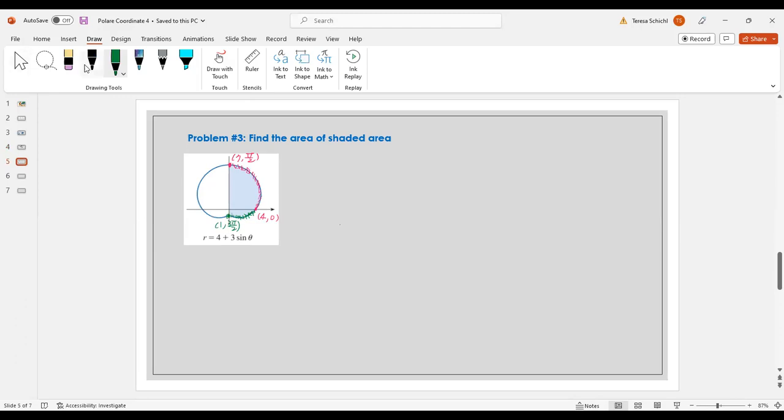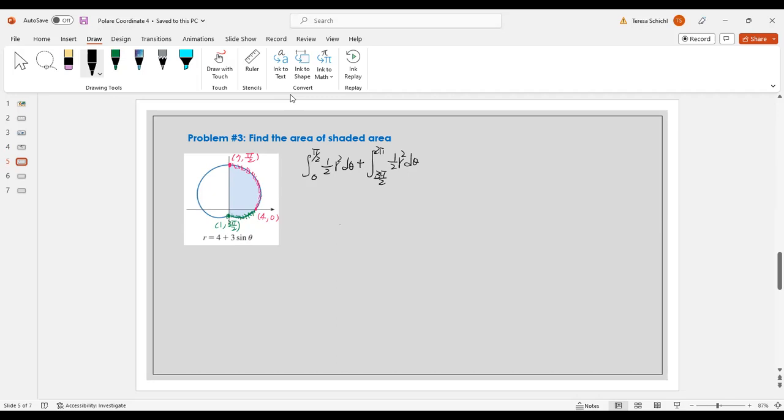One way you can do it, you can say, hey, I'm adding the pink area, from 0 to pi over 2, 1/2 r squared d theta, then plus the 3 pi over 2 to 2 pi, 1/2 r squared d theta here. Well, of course, you can do that.